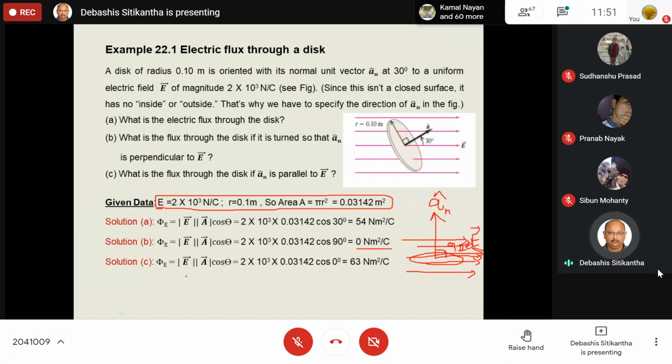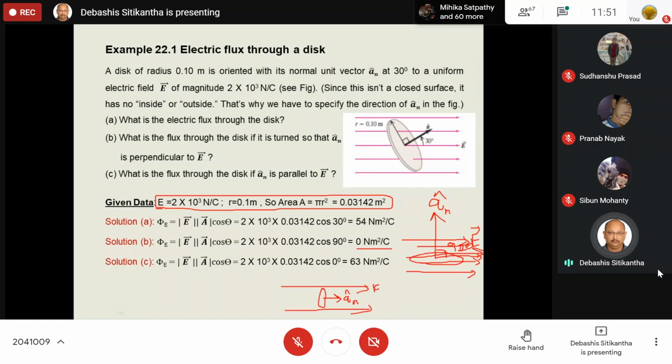The last one is, what is the electric flux through the disk if A n cap is parallel to E vector? This is your electric field, and I have the disk such that the unit vector A n cap is parallel to your E vector.